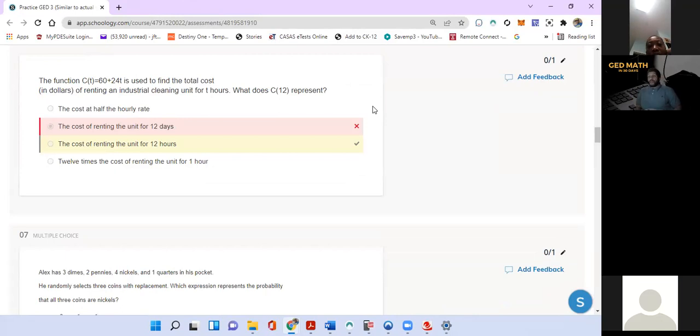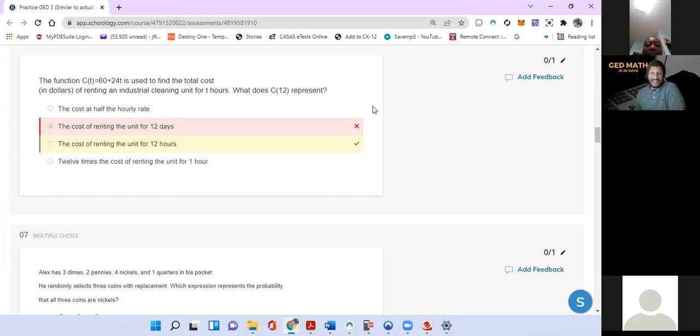On the GED, you're going to have to do two things with a function: either tell if it's a valid function or not, or evaluate it. But sometimes you have to understand what you need to do to see that it's a function. So looking at this question, it says the function C(t) = 60 + 24t is used to find the total cost in dollars.